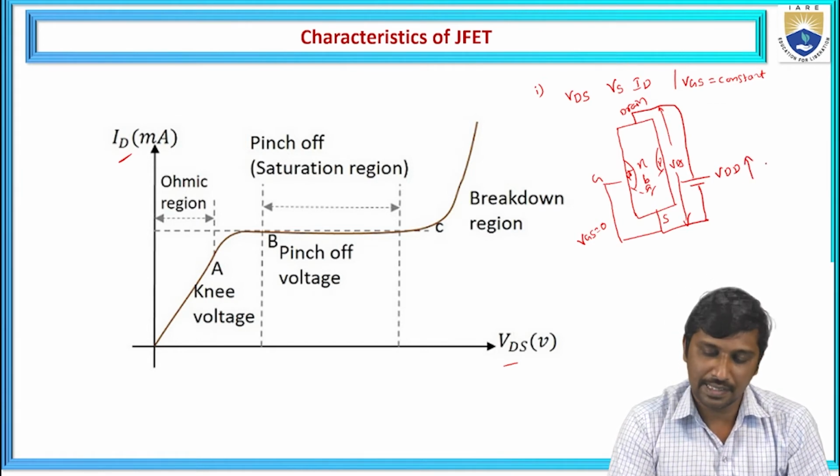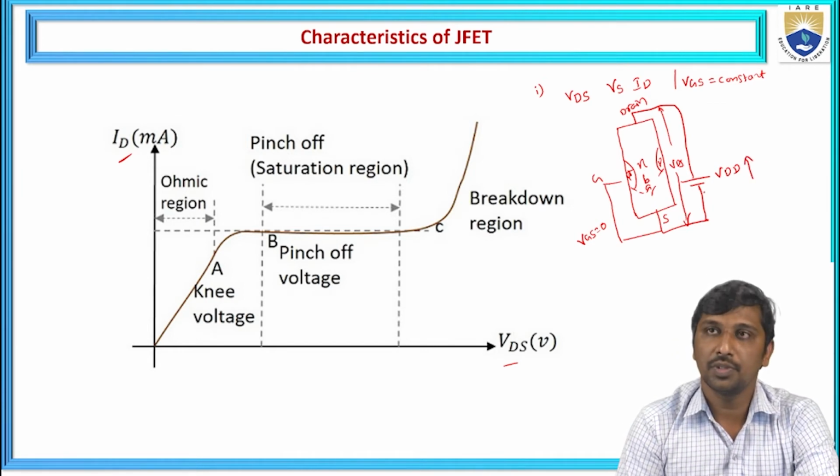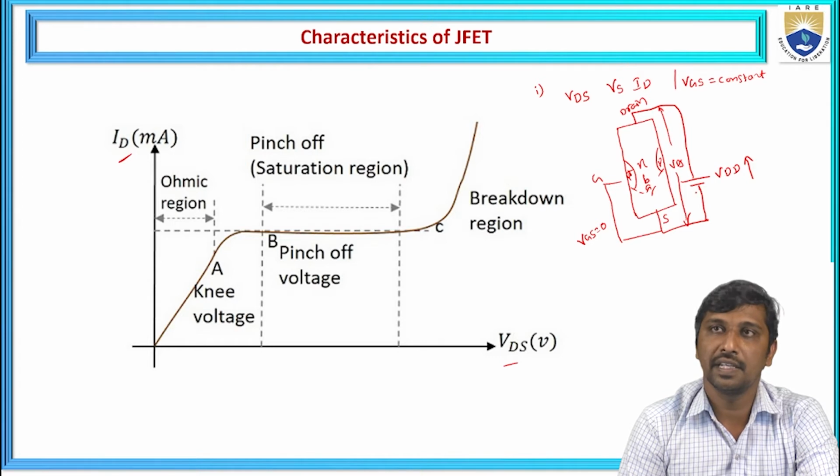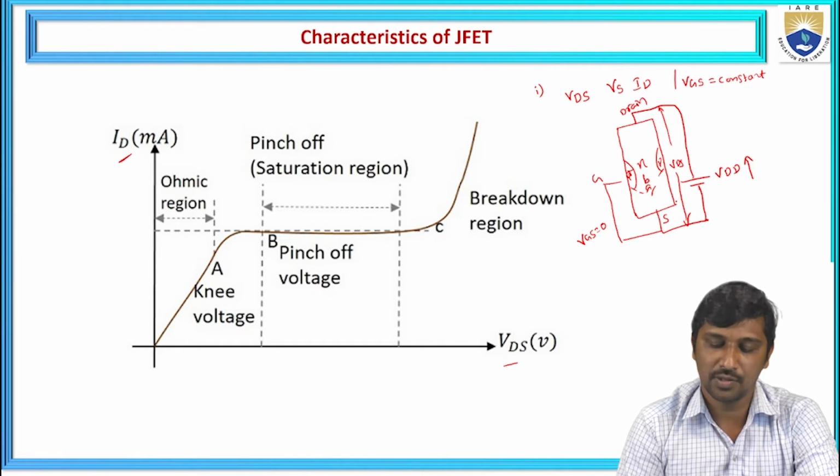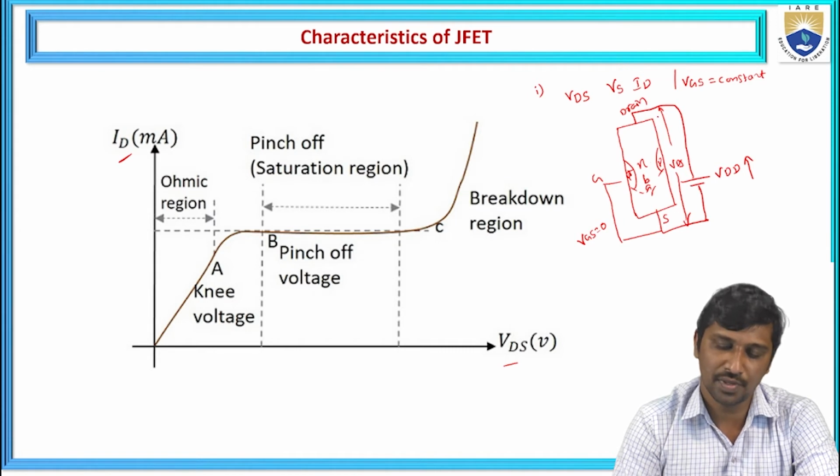If VDD is increased, due to the applied electric field between the drain and the source, the charge carriers are repelled from the source terminal toward the drain to reach the positive pole of the battery. Hence, a conventional current flows from the drain terminal to the source terminal.